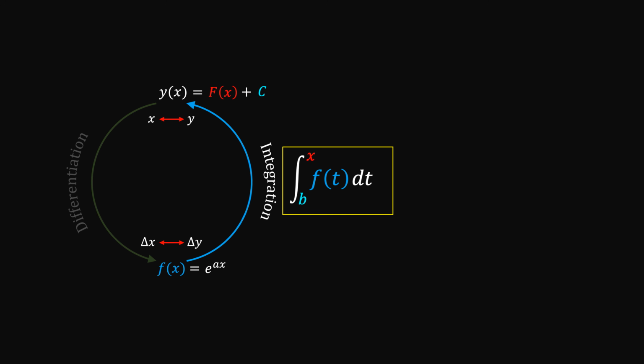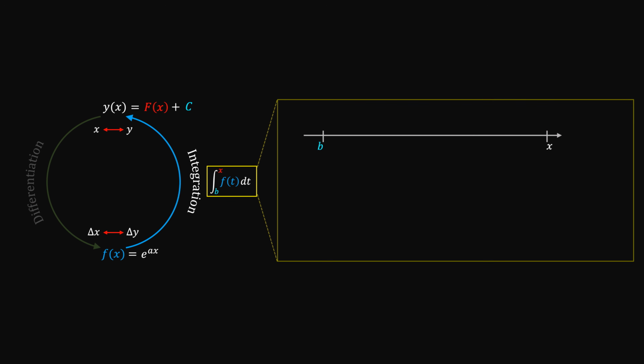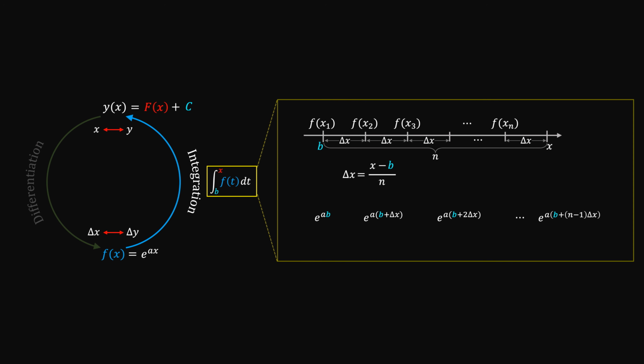In order to find the core relationship, we need to assume x starts from a certain condition up to x. Then to carry out the integration, we will chop the overall change of x into n intervals. Use the velocity formula to find the velocity for each interval, multiply by the interval, aggregate them, and take the limit.